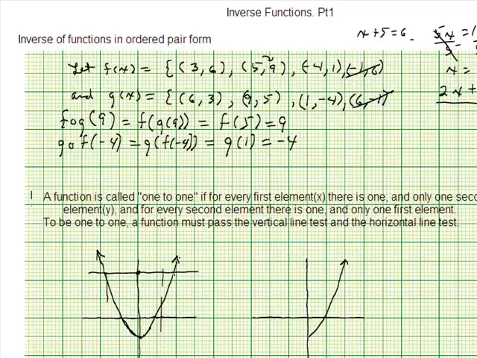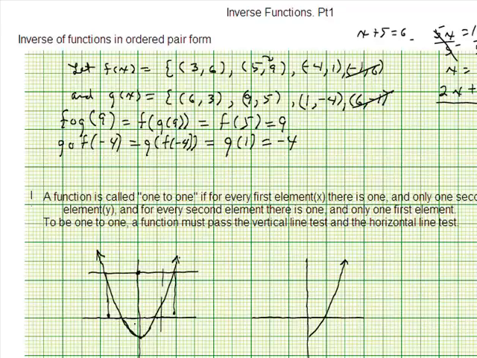It corresponds to two first elements, x here and x here. And so if a function is going to be one-to-one, if it's going to have an inverse, it has to pass both a vertical and a horizontal line test. This function doesn't, and so it does not have an inverse.